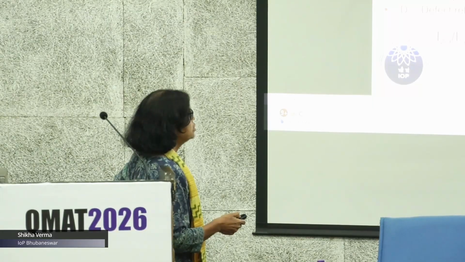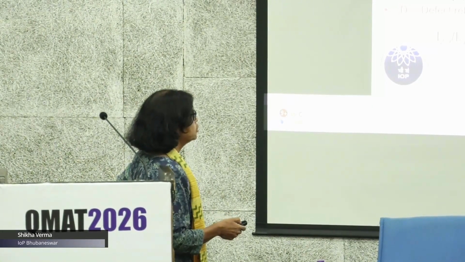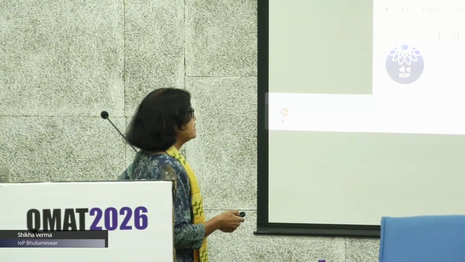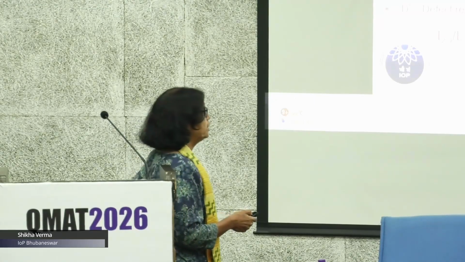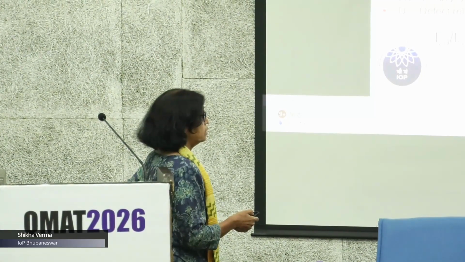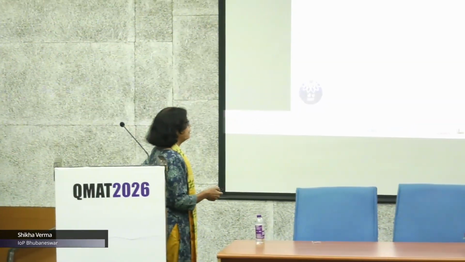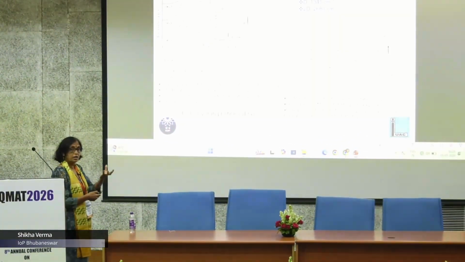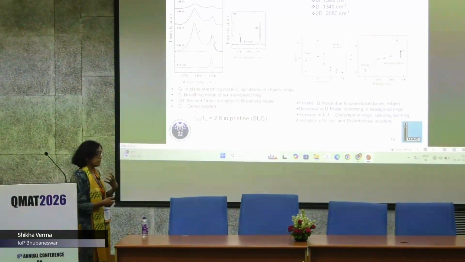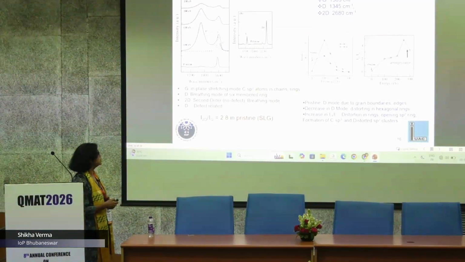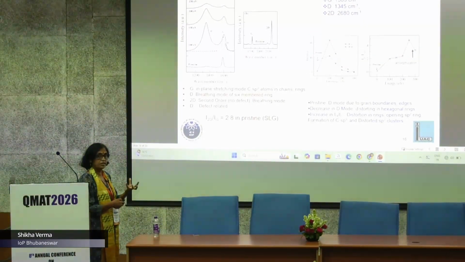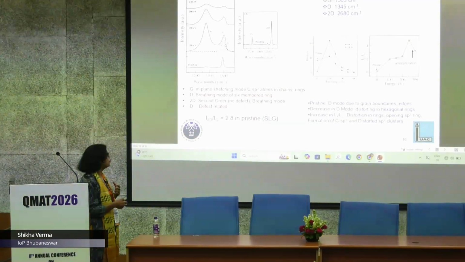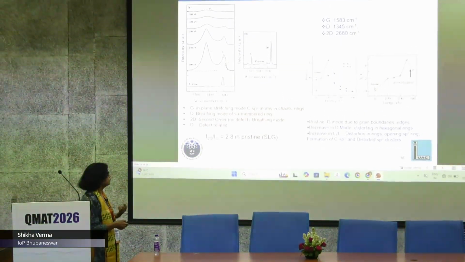Then this is how the G mode is changing as a function of energy, and as I mentioned, here it is single layer graphene, and here we have seen the presence of quantum dots in all this range. And this is the D mode. The hexagonal D mode is basically the breathing mode of the hexagons, and initially it is just disturbed, and at some point the bonds break, and then this D mode keeps decreasing.